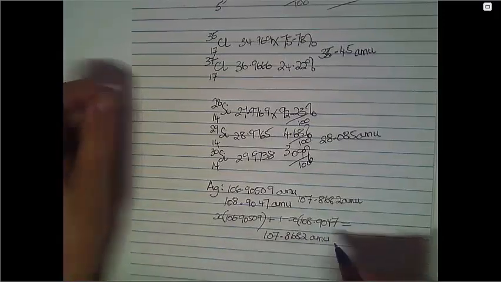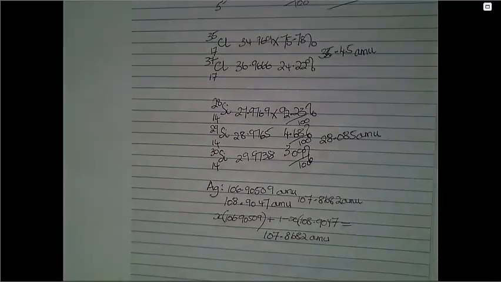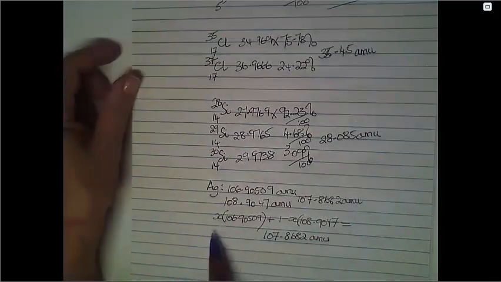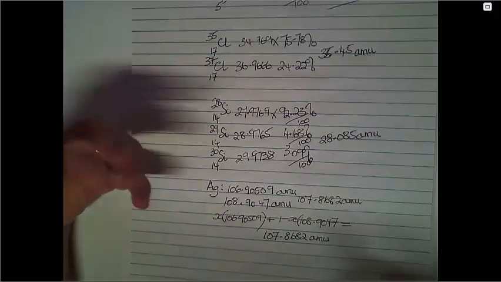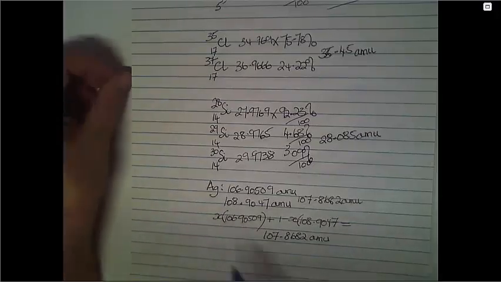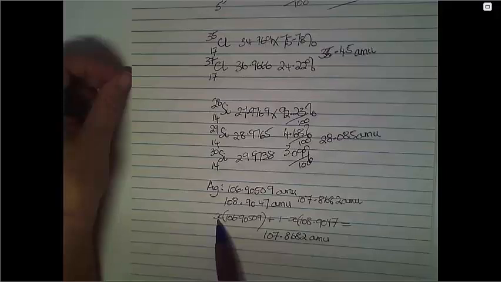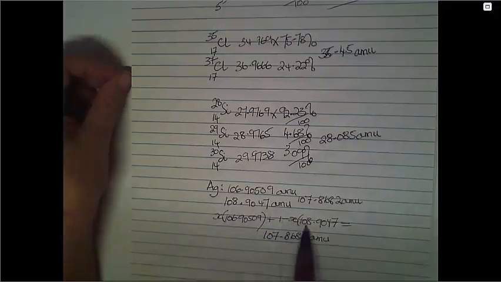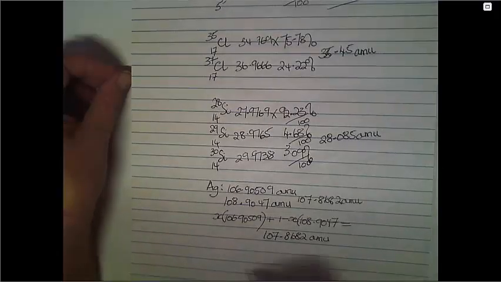And they're all in atomic mass units. And you have to remember we're talking about 100% is complete abundance, and we're looking at a fraction of that. So ideally I should have said X and 100 minus X. But let's make it 1 minus X here and multiply by 100 later to make the calculations and the number of figures easier. You can do it either way, it's your choice.